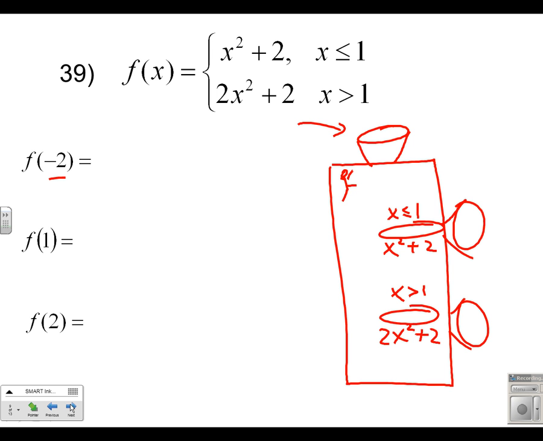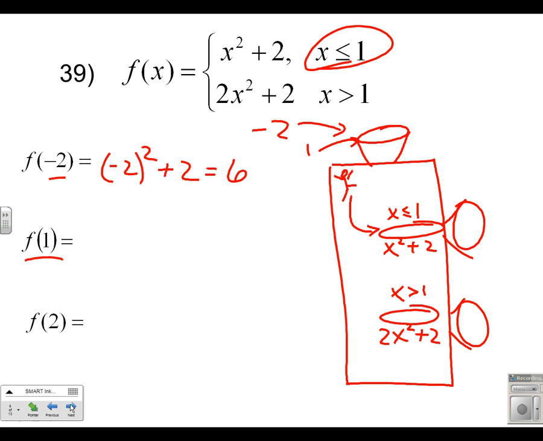So negative 2 enters. Well, this guy's job right here, say this is a negative 2. It is less than 1. We're going here. Negative 2 gets squared. We add 2. So we get 4 plus 2, 6. When 1 comes into this factory, 1 is less than or equal to 1, so it goes to this factory. 1 squared plus 2, 3.